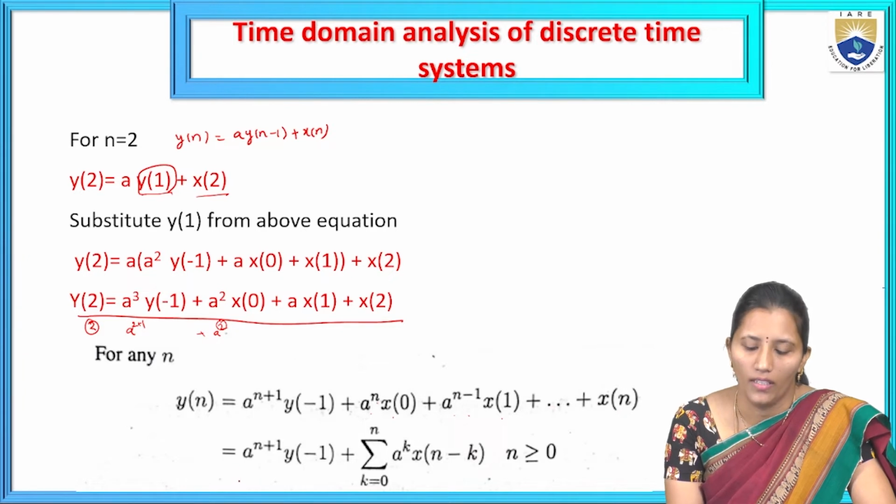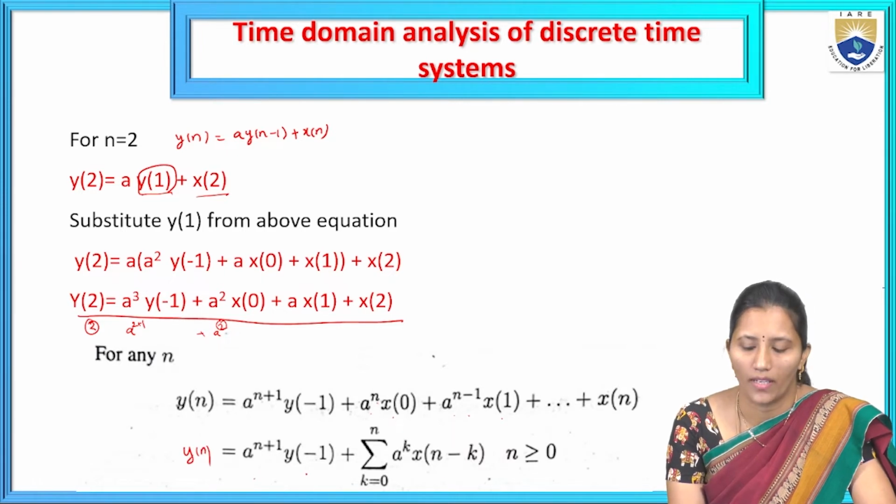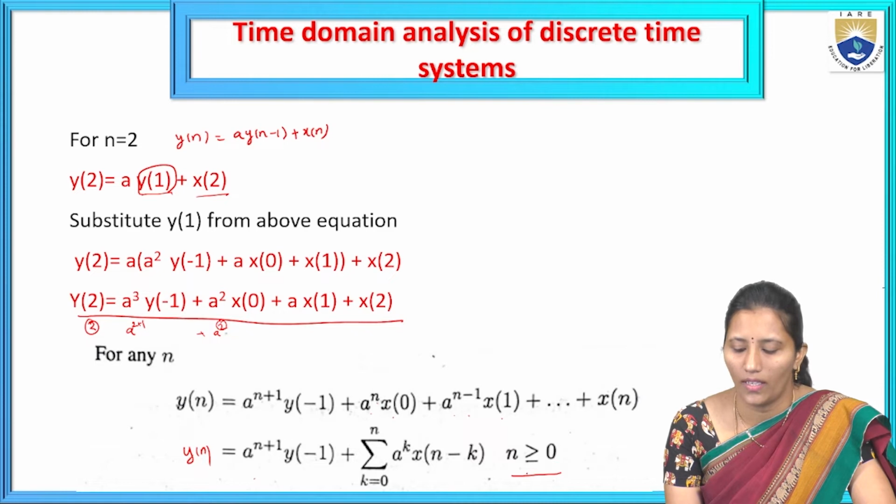So the general difference equation is y of n is equal to a power n plus 1 y of minus 1 plus sigma k equal to 0 to n of a power k x of n minus k. Here we are taking it for n greater than or equal to 0.